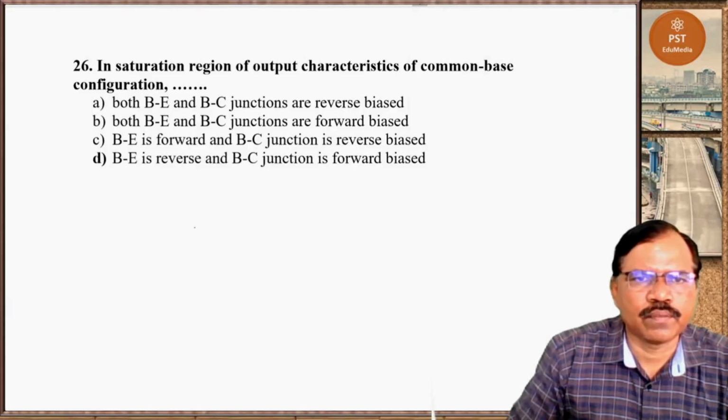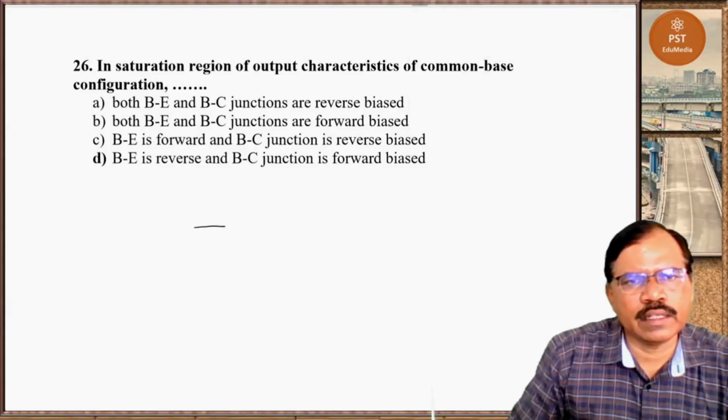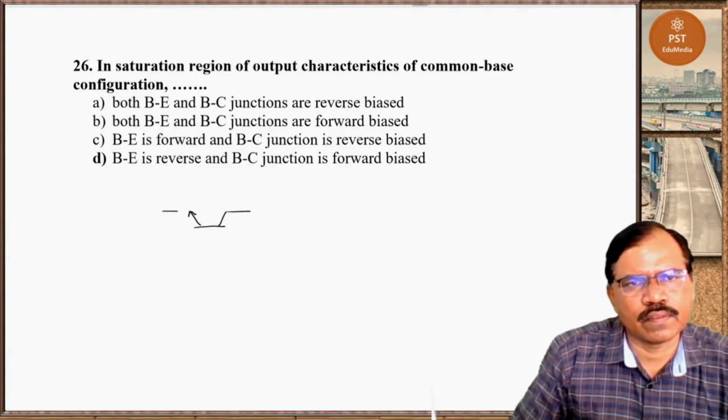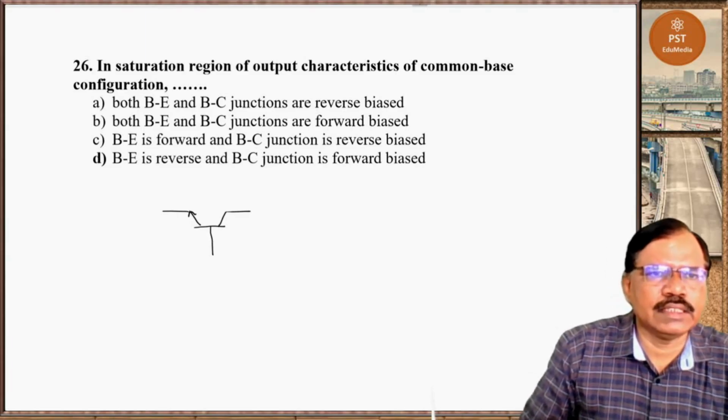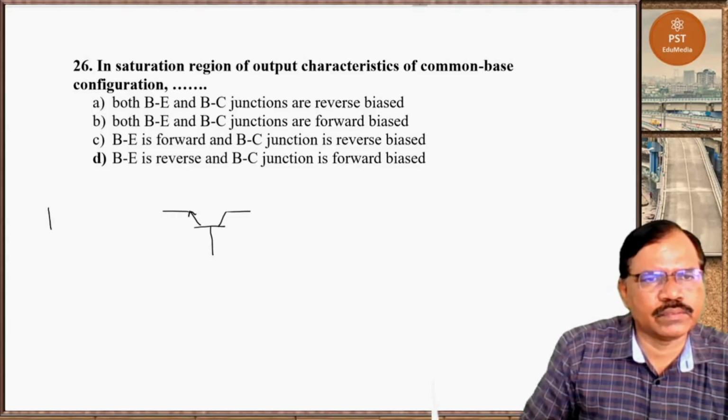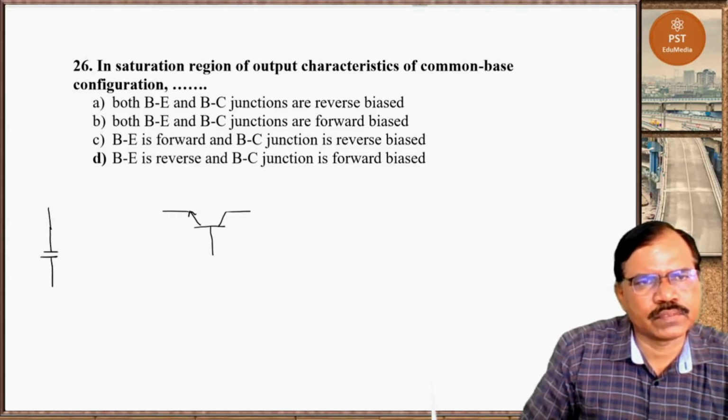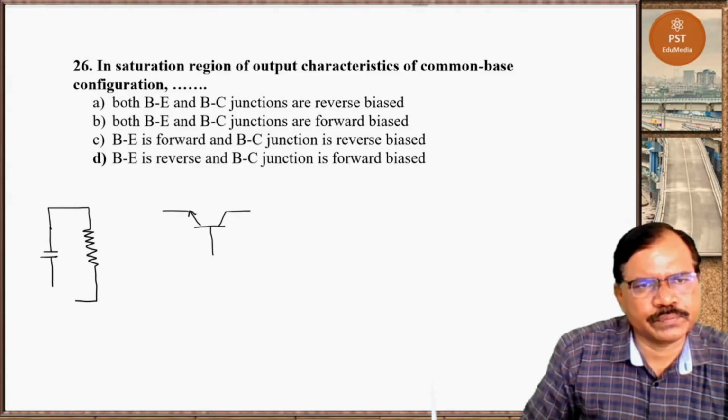So here we will take a transistor. I have taken here an NPN transistor. For biasing, we will take two batteries. So this is the first battery, and here it is a rheostat.